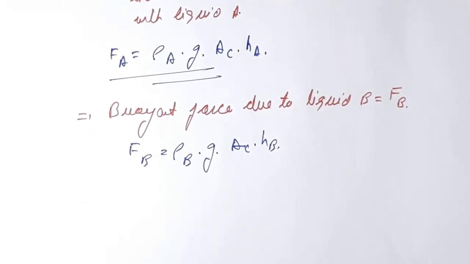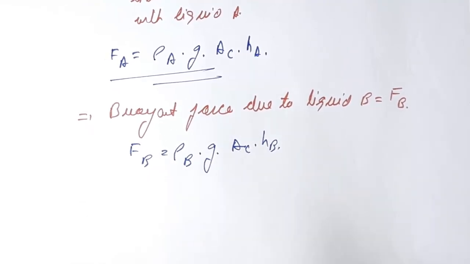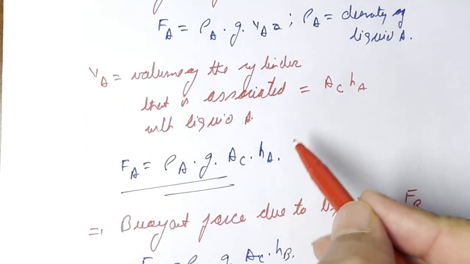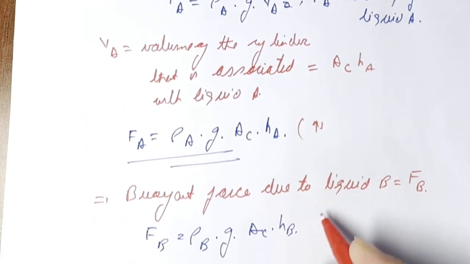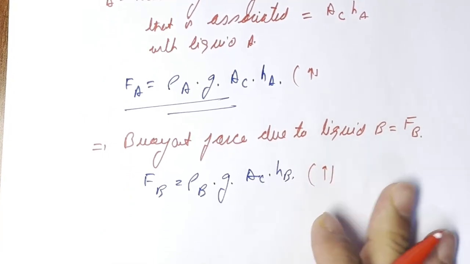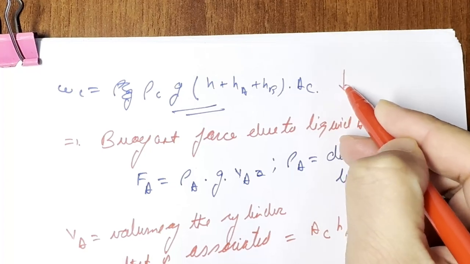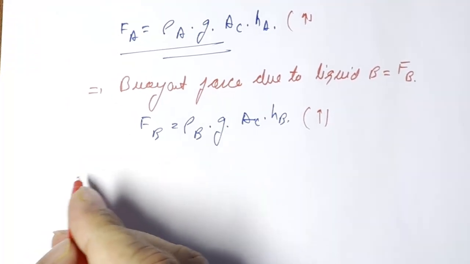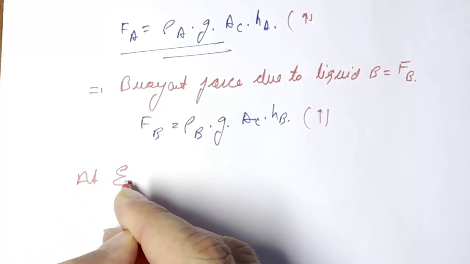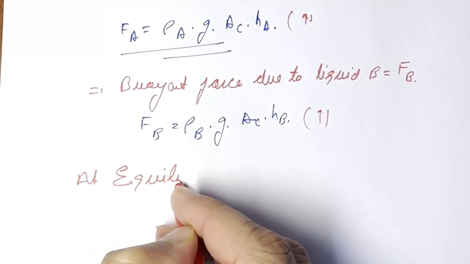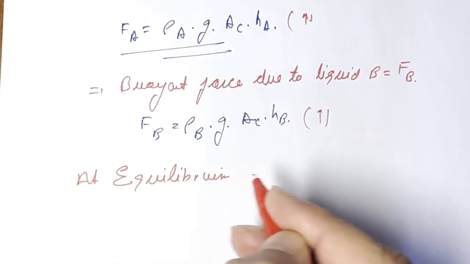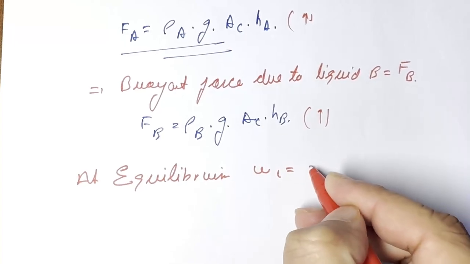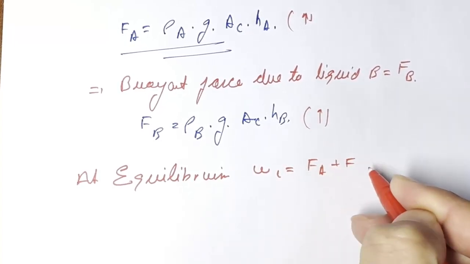In equilibrium, weight will be acting in the downward direction and both buoyant forces will be acting in the upward direction. So we can write at equilibrium WC will be equal to FA plus FB.